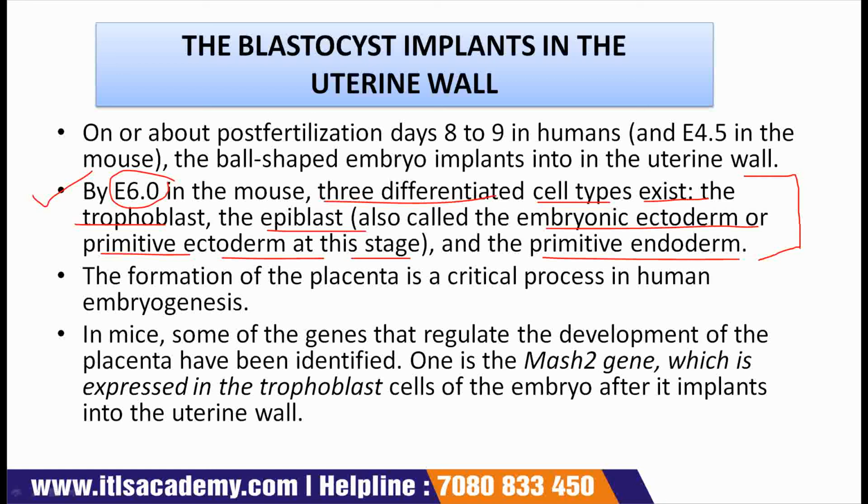All these structures are formed before the implantation in case of mouse. During the next major phase of development, termed gastrulation, the embryonic ectoderm will differentiate into the three primary germ layers. The three primary germ layers are ectoderm, endoderm, and mesoderm.